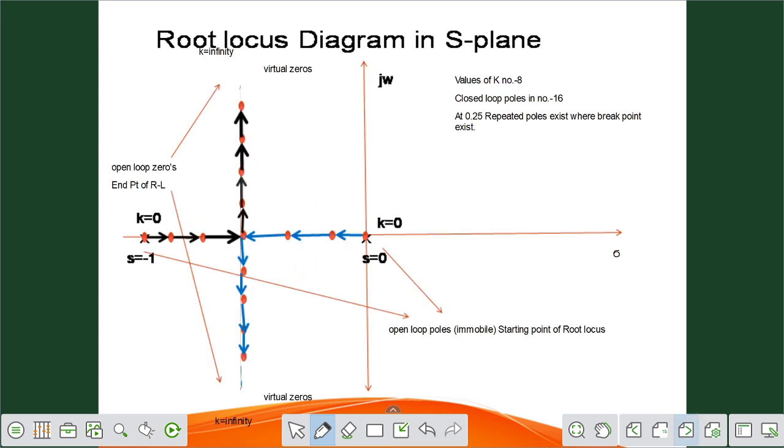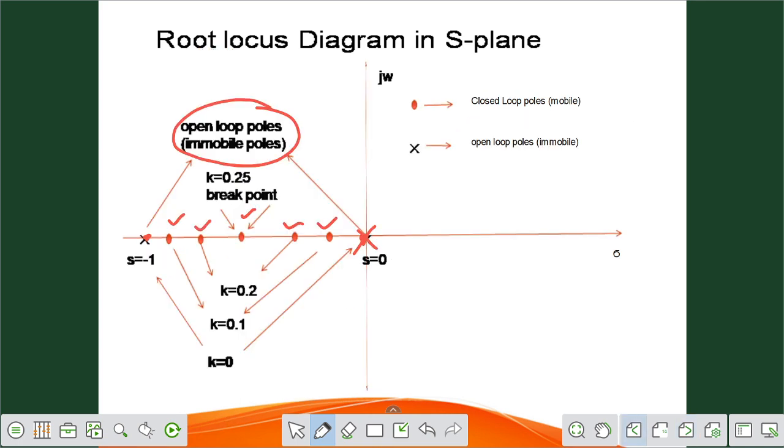In the next case, this is basically the picture. What I did here, if I am meeting all these red points, there is a breakpoint available in the real axis. If there is a breakpoint available in the real axis, that means it will decide the direction of the closed loop poles path.